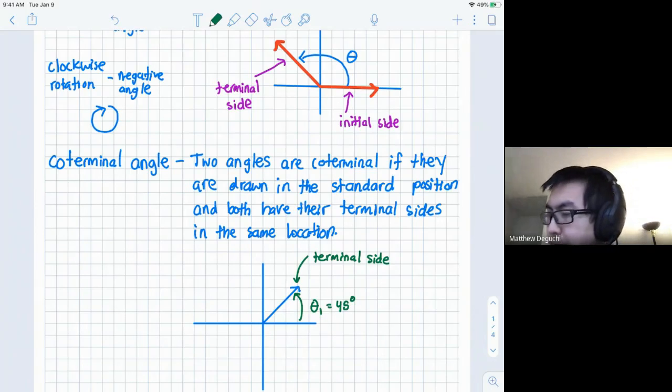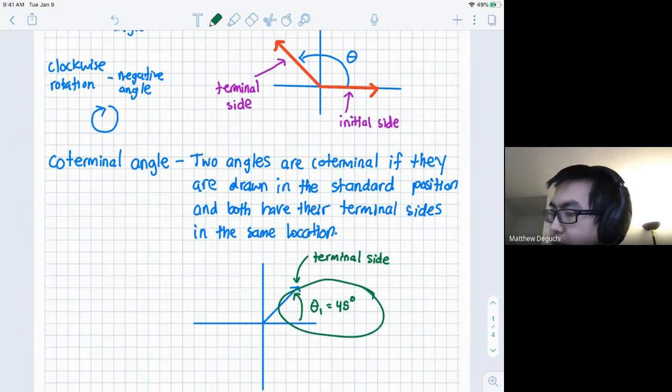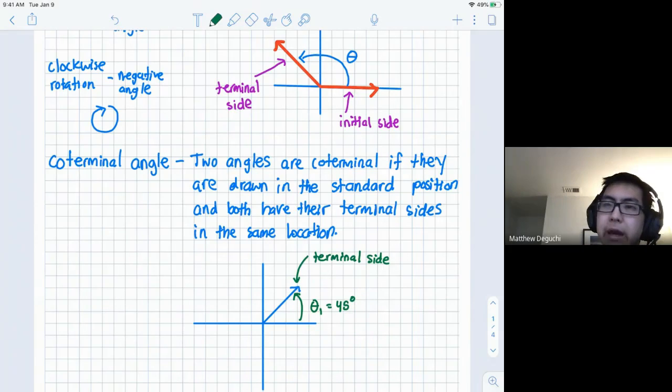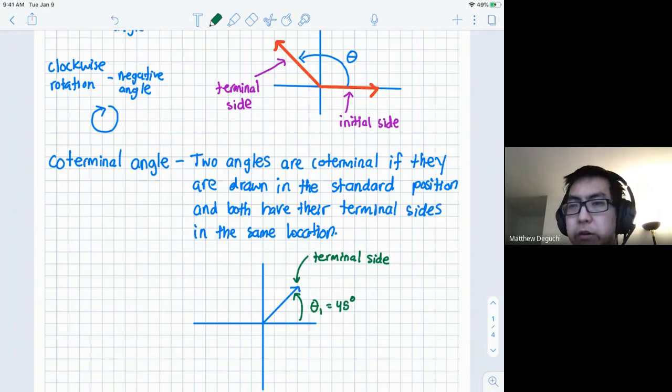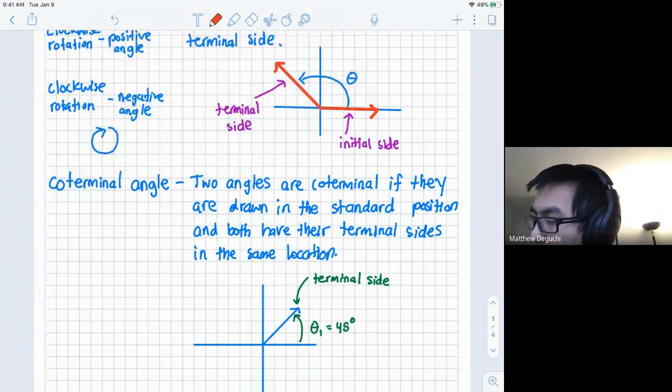So every time you have a given angle, all you really have to do is add 360 to that angle measurement, or subtract 360, in order to find your coterminal angles. For example, this is 45 degrees, right? If you added 360 to this, wouldn't that be a whole entire circle?